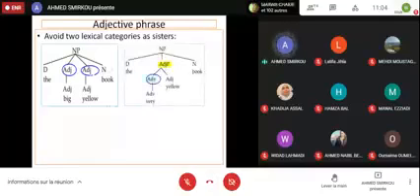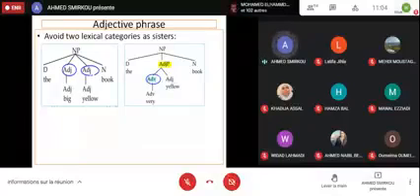The same thing here. Adjective phrase, avoid two lexical categories. Adjective, adverb, these are two lexical categories. We must add the phrase. One of them should take the phrase, and it is the adverb because it is the adverb that modifies the adjective. So we have to add a P here, adverb phrase.